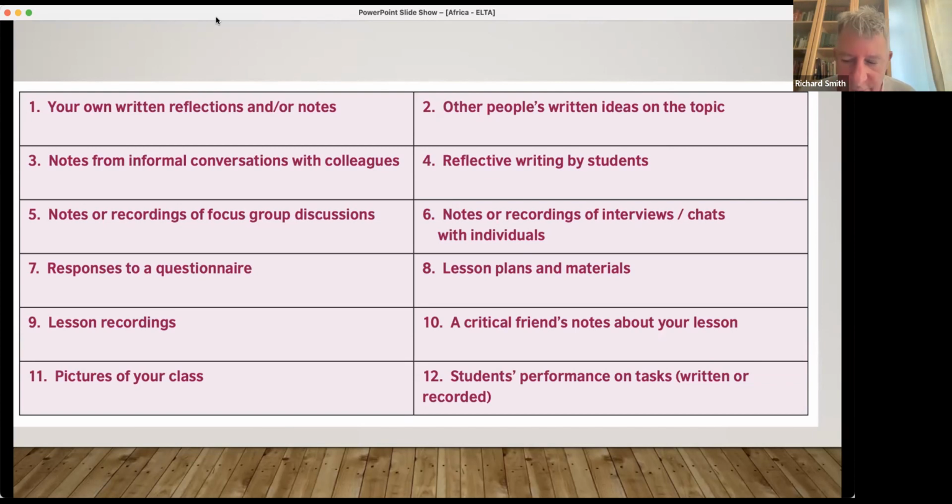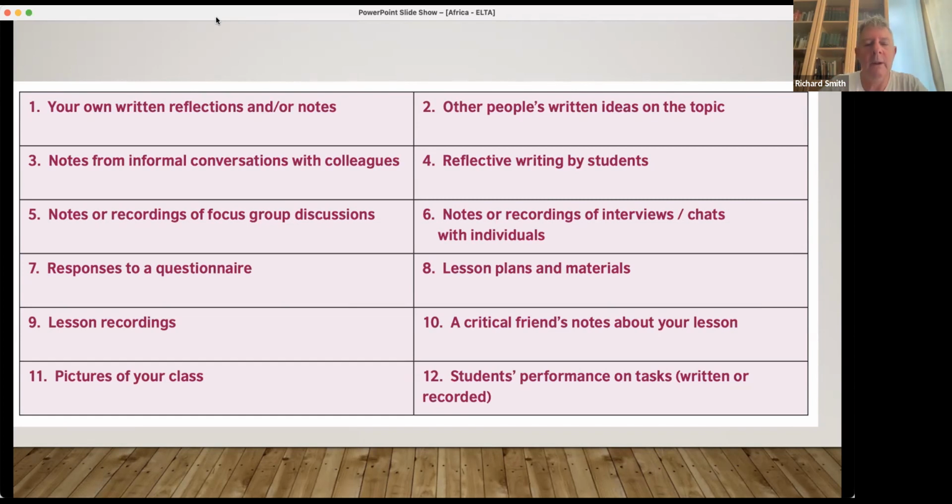No teacher uses all of these. You don't use all of these for your research. You select which ones will be the best for your particular questions. So it all depends on what your questions are. Certain questions lead to certain kinds of data.